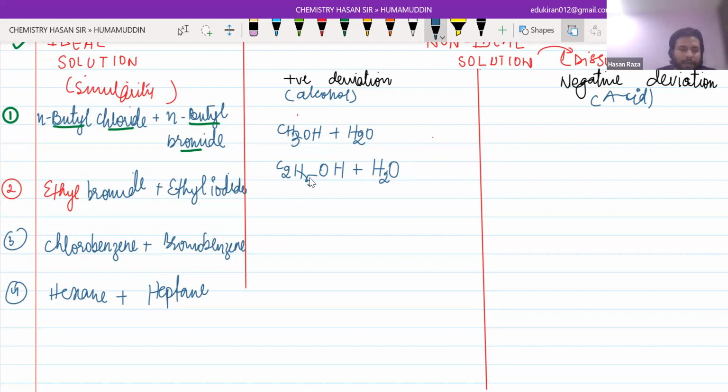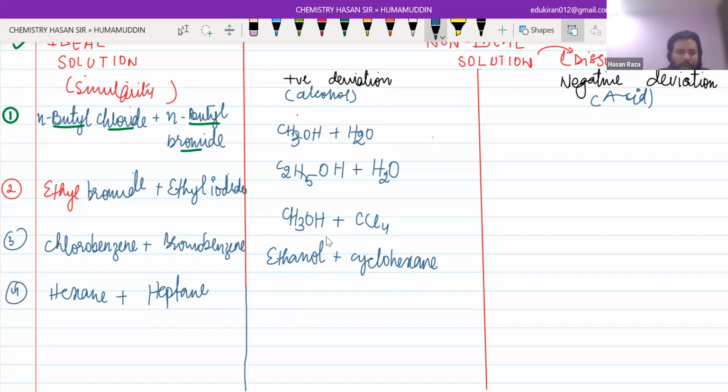Okay. Again, the next one, we can go for CH3OH, that is your methanol, and CCl4. Again, you can see this is your alcohol. Again, the next is ethanol, you can write the formula as well, and cyclohexane. Both are different, and also one of the components is alcohol.